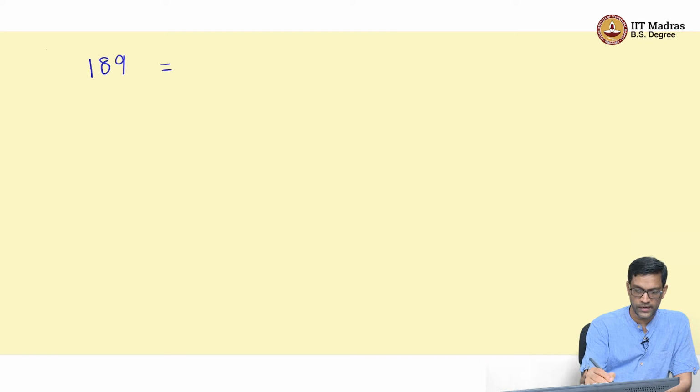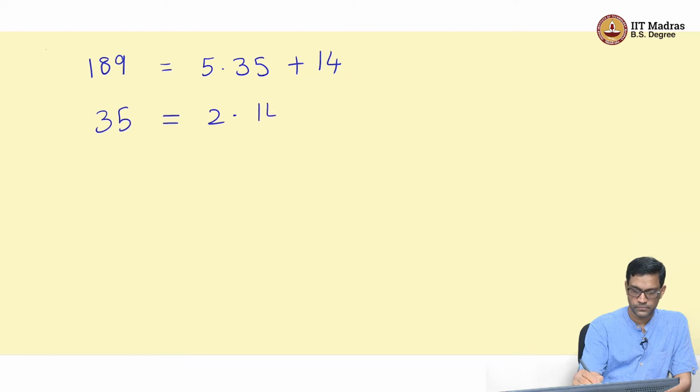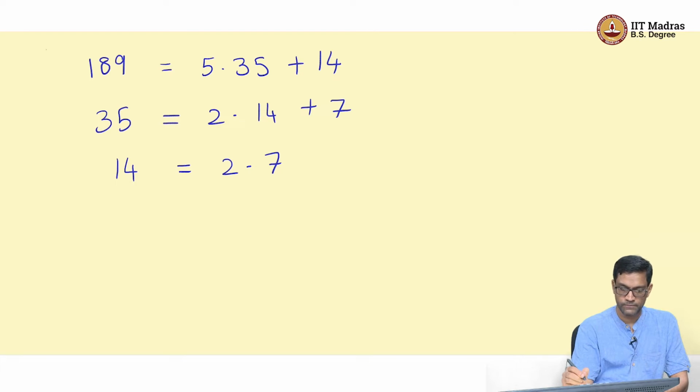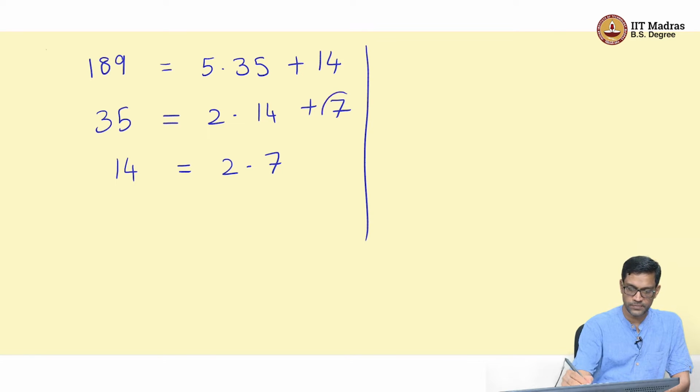We wrote 189 and 35, this was 5 times 35 plus 14, and then 35 divided by 14, 14 finally just became 2 times 7. Now, we use this, and so we finally said that just means 7 is the GCD. So, 7 happened to be the GCD of these numbers.